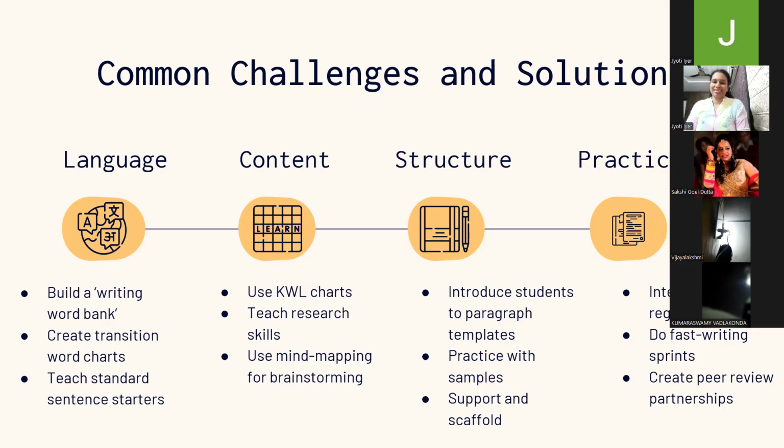So you need to teach them how to do good research, how to make sure that particular information that you found is authentic, how to cross reference. These things you need to teach them. And of course, at later ages where they don't need to research much because they probably have more information now because they are older, they know things, they're worldly wise, you can use mind maps for brainstorming.